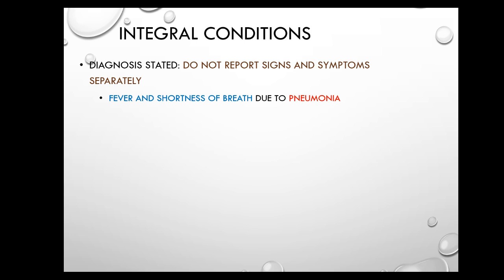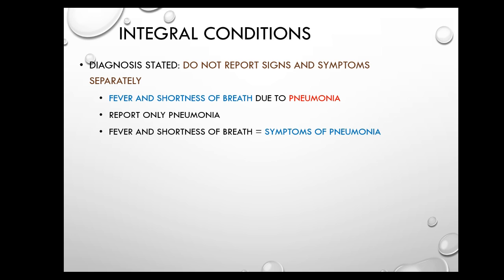Our diagnosis that's stated at this particular encounter is pneumonia. The fever and shortness of breath are signs and symptoms of pneumonia. So we would only report the code for pneumonia. We do not need to code the additional signs and symptoms of shortness of breath and fever.